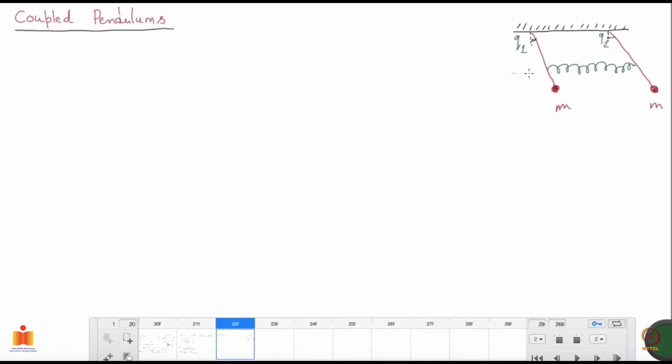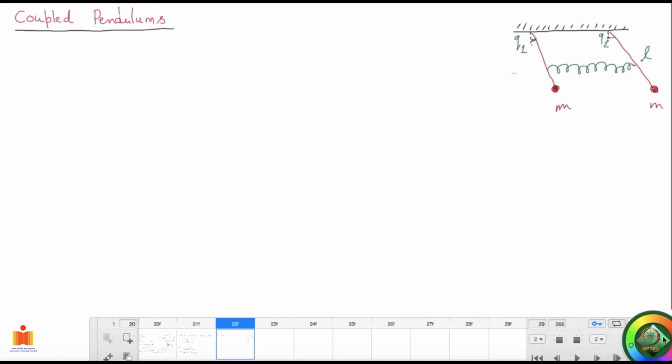Let's say the length of the pendulum is L. Both of them are of the same length. Masses are M, as I've said. That's fine. So if you write down the kinetic energy and potential energy, you will find the following.